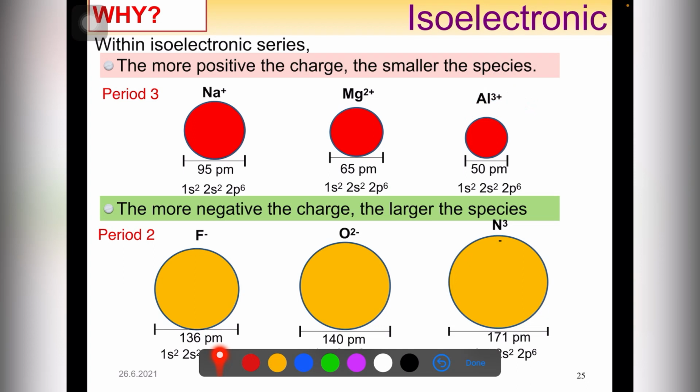So you can see its size is smaller compared to magnesium 2+ and sodium+. And for the anions, the more negative the charge, the larger the species. So you see the comparison between F-, O2- and N3-. N3- is more negative, that's why it has a larger size compared to O2- and F-.